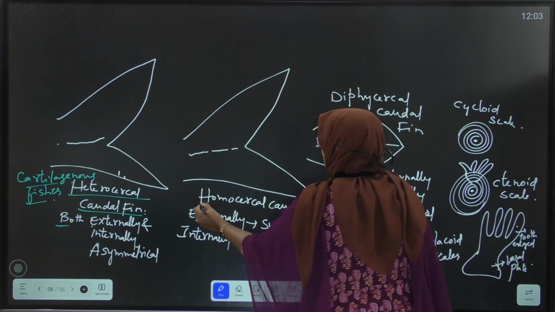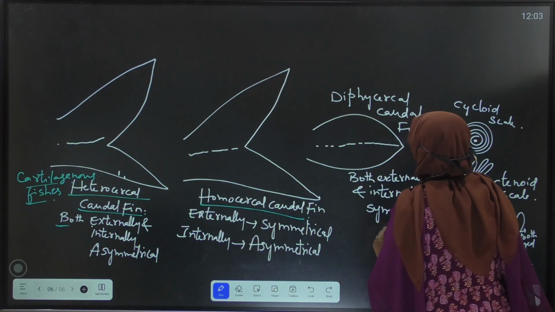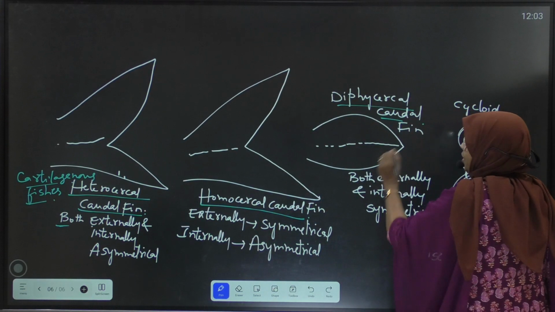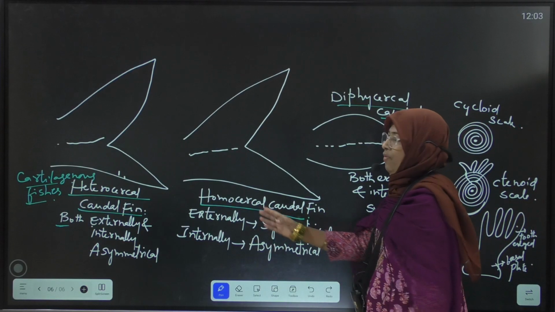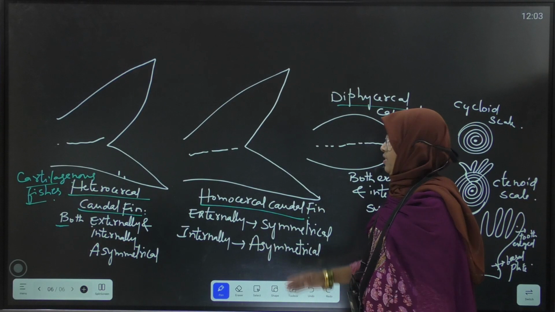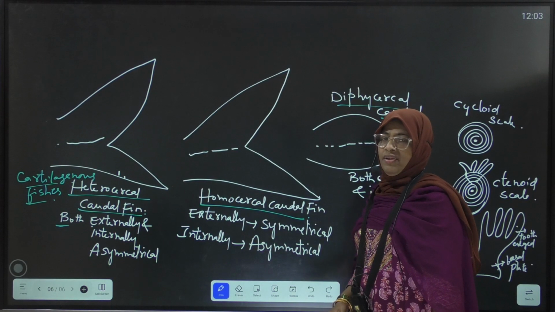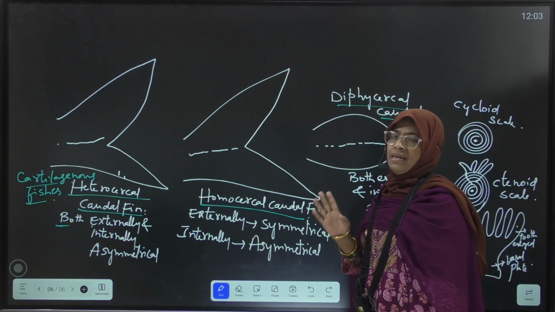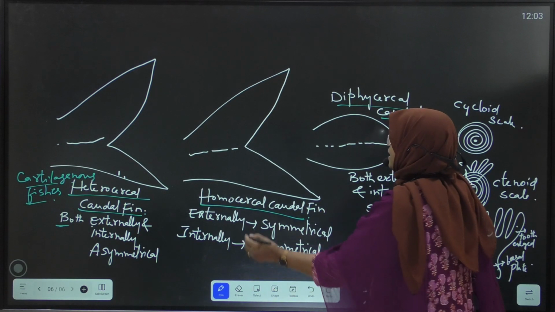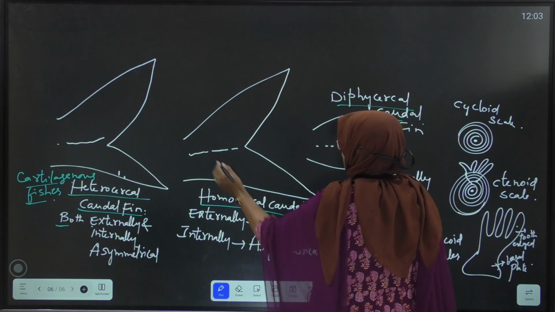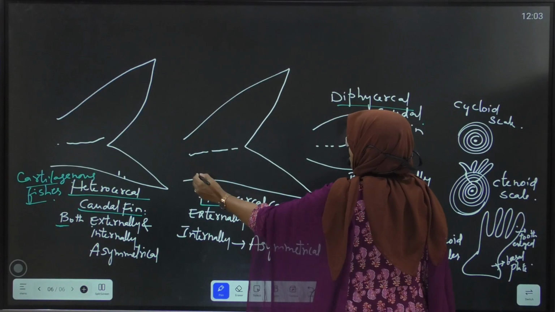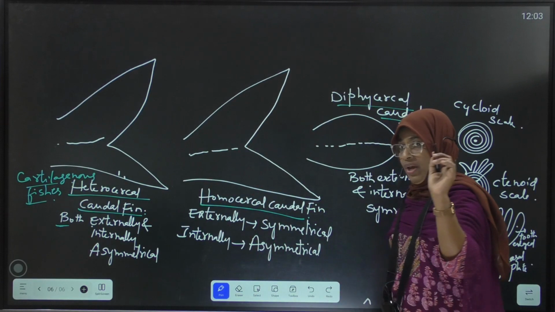Next, the homocercal caudal fin and the diphycercal caudal fin. Homocercal caudal fin is found in teleost bony fishes, and diphycercal caudal fin is found in dipnoi fishes and Latimeria or coelacanth fish. Homocercal caudal fin means the tail fin is divided into two equal lobes.